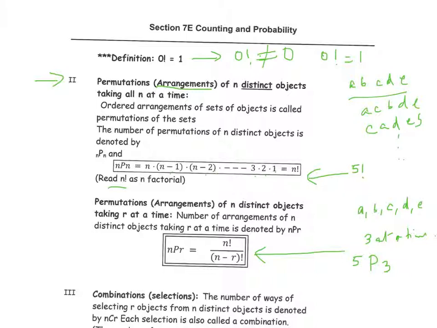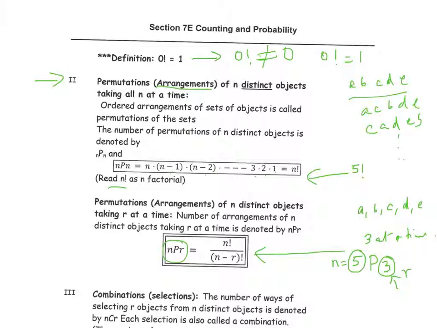In 5P3, the number on the left of P is n, which is the total number of objects, and this number is called r. So if you plug these numbers into the formula, you can get the number of permutations of n distinct objects taking r at a time.